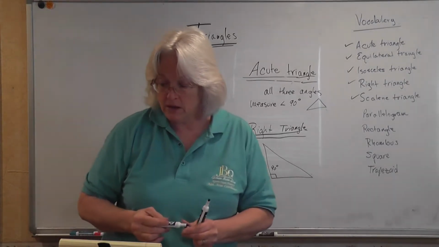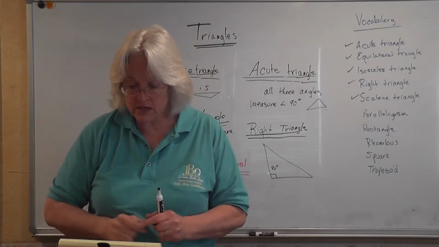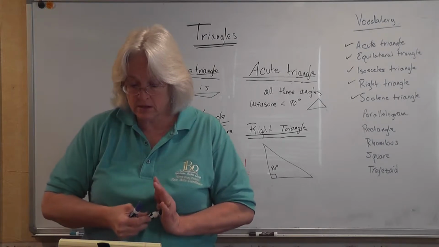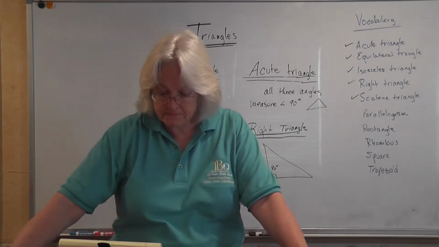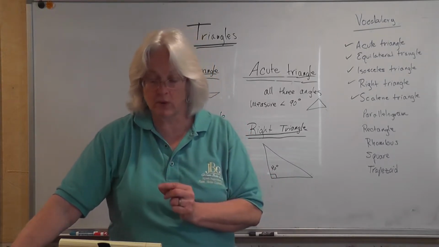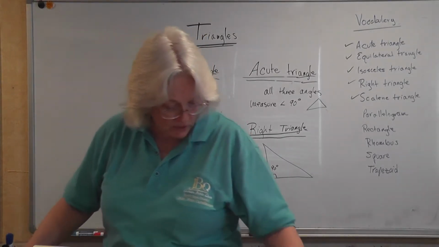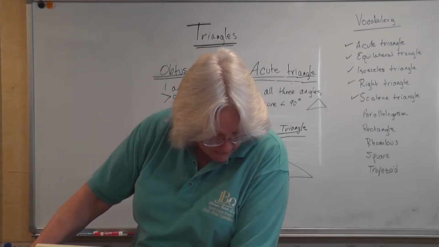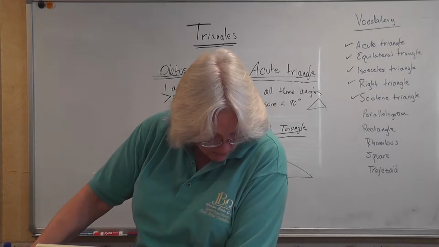All right? Now, there is something that is important to make sure that we know about triangles. I want to look at my notes just to verify something for a moment.